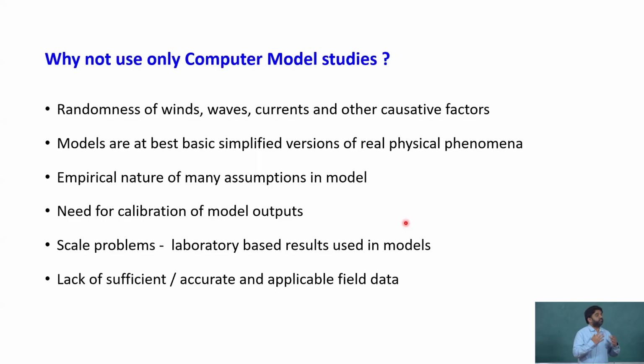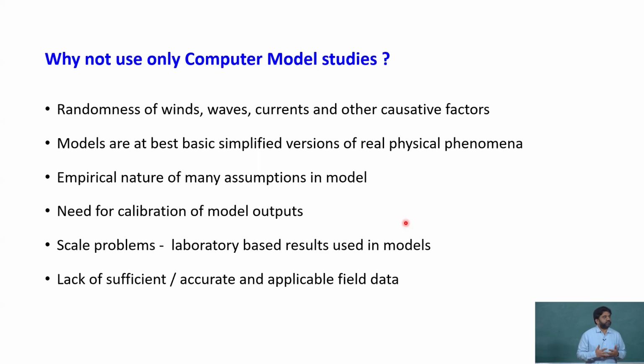Similarly, these models might also require some calibration. The physics might have been set based on certain observations in a particular location, and they would have given you the model. But now, how do you make sure that in a particular location, whatever has been calibrated before is working? So you need to do an initial calibration.